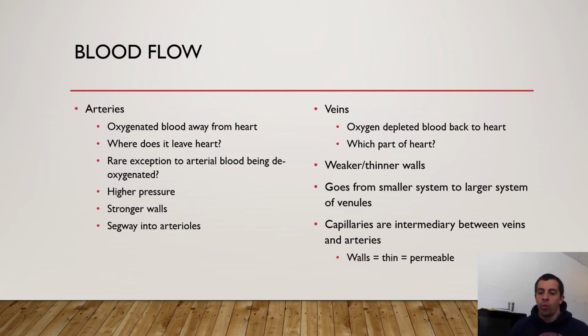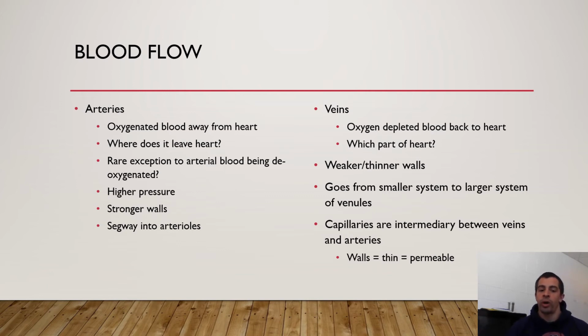And as we get more towards the periphery of your structures, this blood pressure is going to decrease as the walls start to become thinner. The farther we get away from the heart, the smaller or thinner the walls become, where our arteries segue into arterioles, and then eventually they segue into capillaries. Capillaries are the intermediaries between your veins and your arteries, where your walls are incredibly thin, and eventually they are permeable.